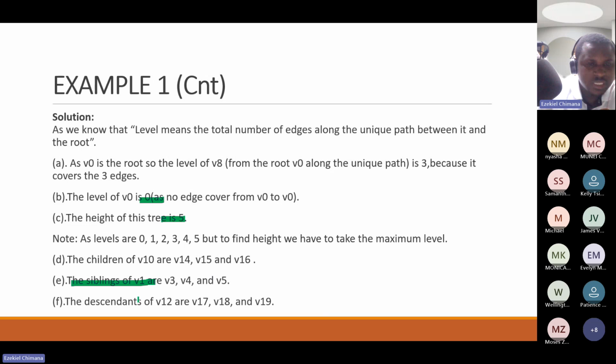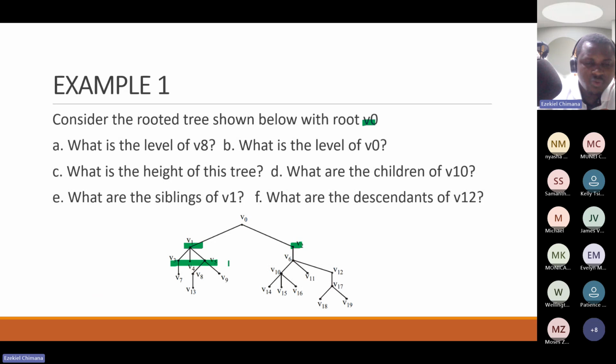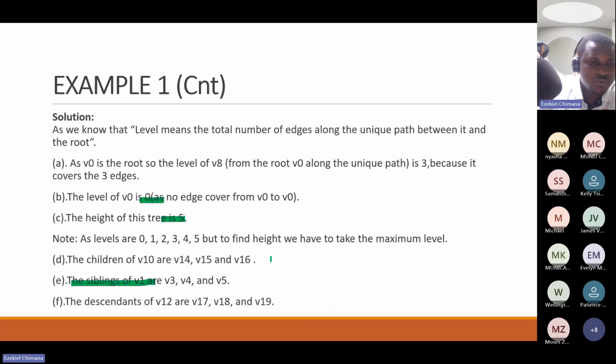And then the descendants of V12, V17, V18, and what? Descendants of V12: all those which are under V12, down to the end, they are descendants of V12. Yeah, so that's what you need to know.